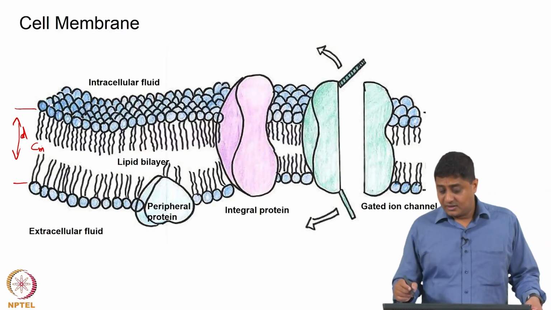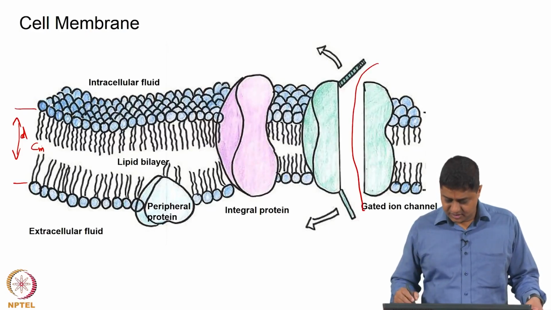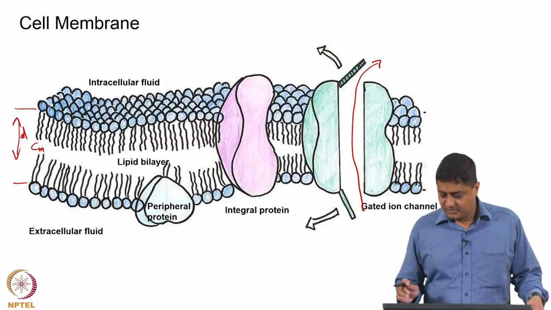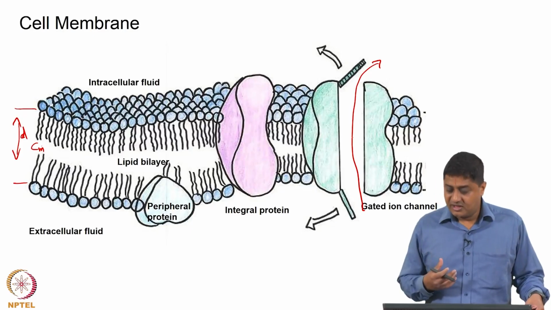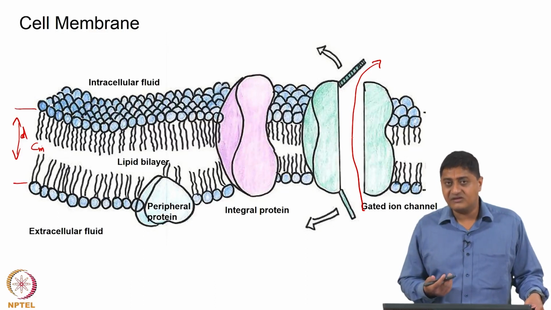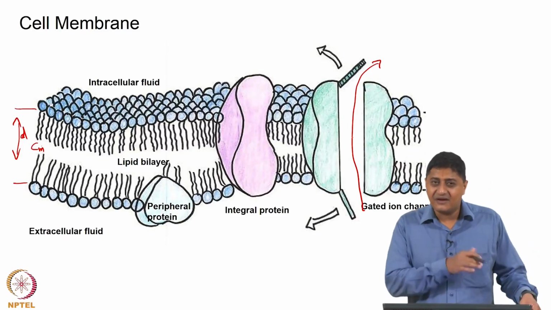And also remember, the movement of ions through the channels is governed by the channels opening or closing. If the channels are closed, then the membrane has high resistance to the movement of that ion, or if the channel is open, then the membrane has relatively low resistance. We saw these things earlier.